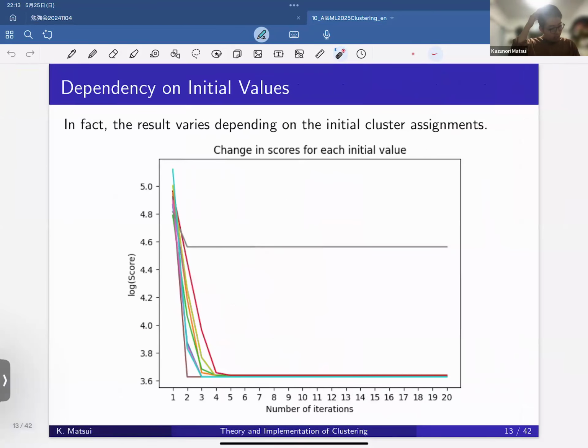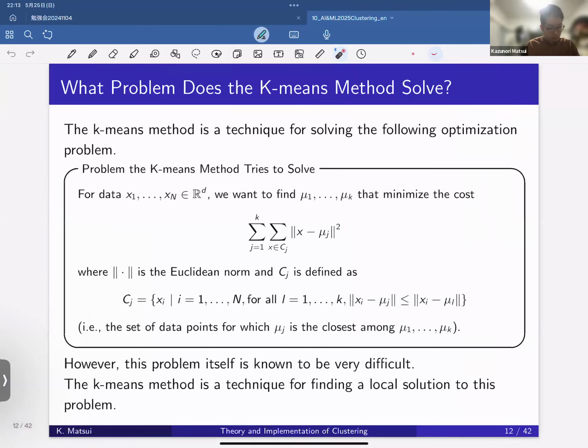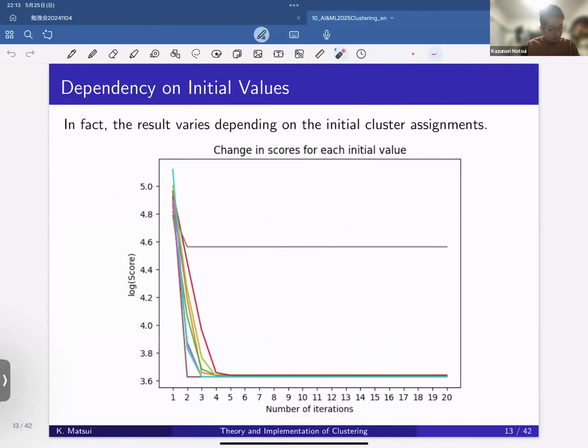Of course, as you can guess, when we randomly assign at the beginning, we talked about wanting to minimize the cost earlier, but this doesn't always give us a good solution. In fact, the result varies depending on the initial cluster assignment. So it's better to repeat it several times.